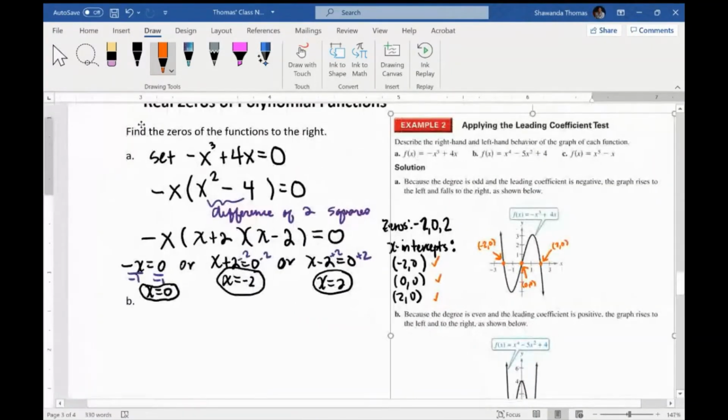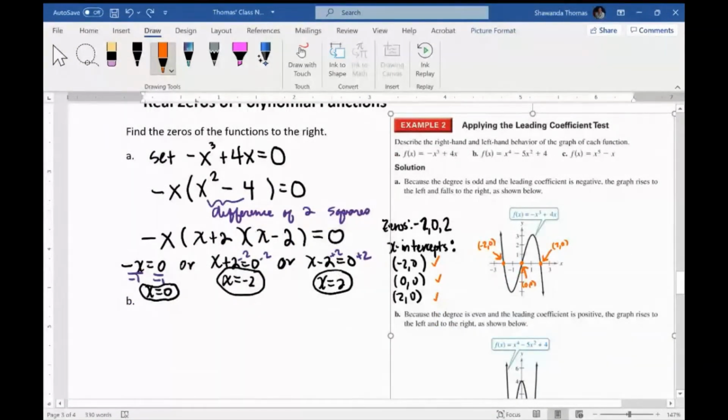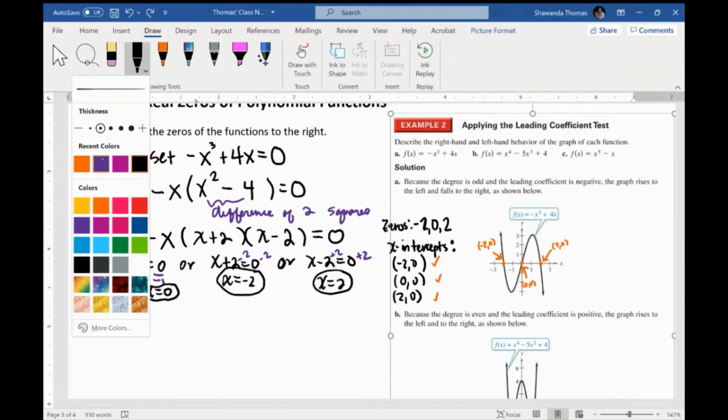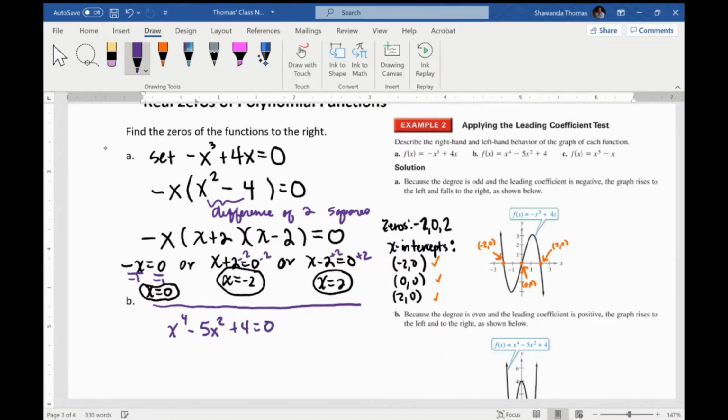Okay. Let's move on to B. All right. B is, let me change colors, maybe. x to the 4th minus 5x squared plus 4 equals 0. So that's what we're setting to 0.